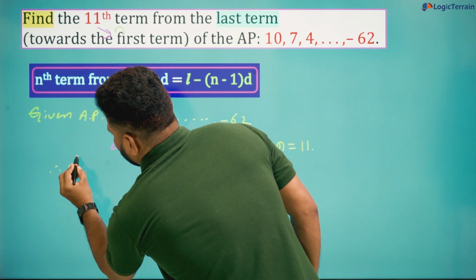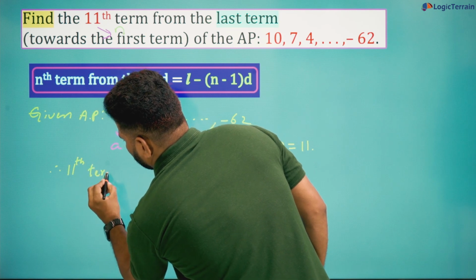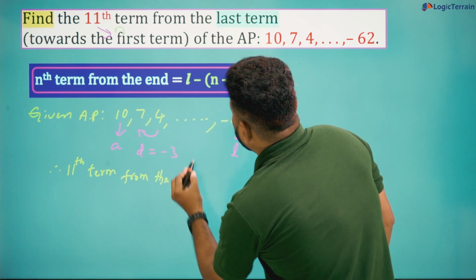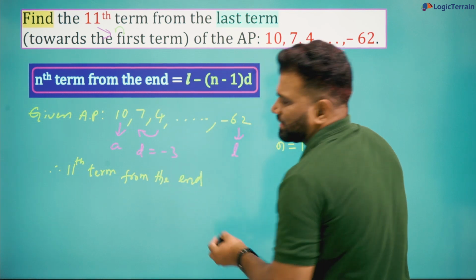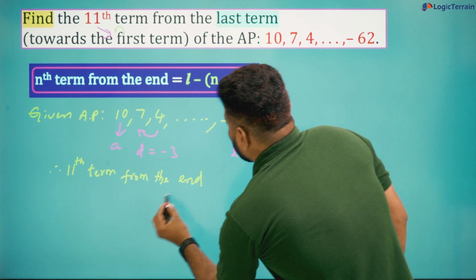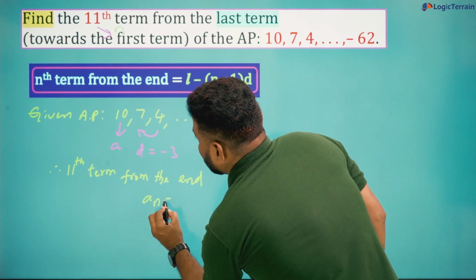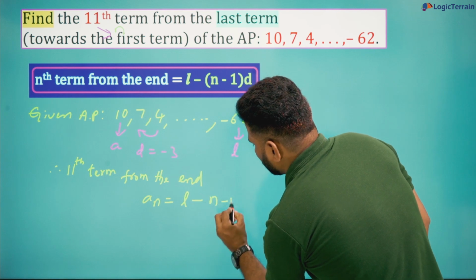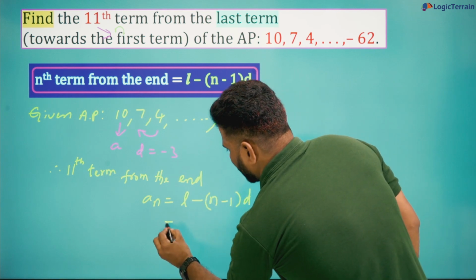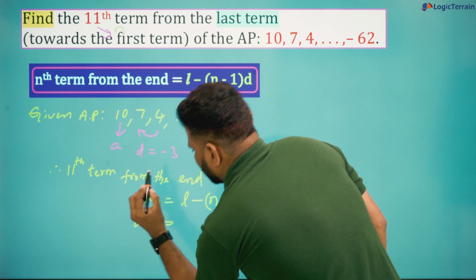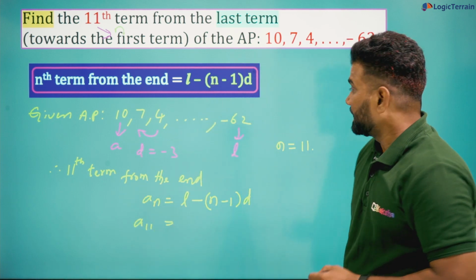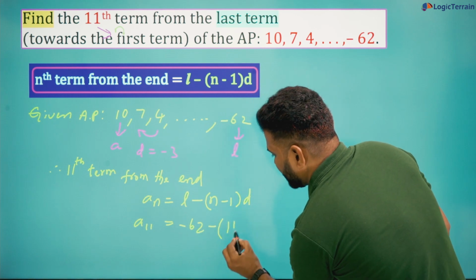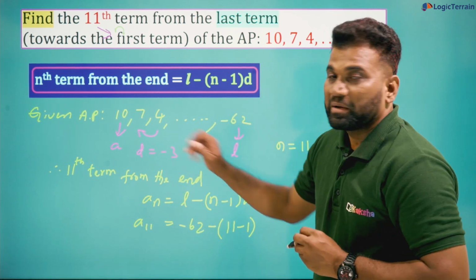Therefore the 11th term from the end, that is from the last term, an is equal to L minus (n minus 1) into d. So a11 is equal to, here L is negative 62 minus (n is 11 minus 1), d is minus 3.